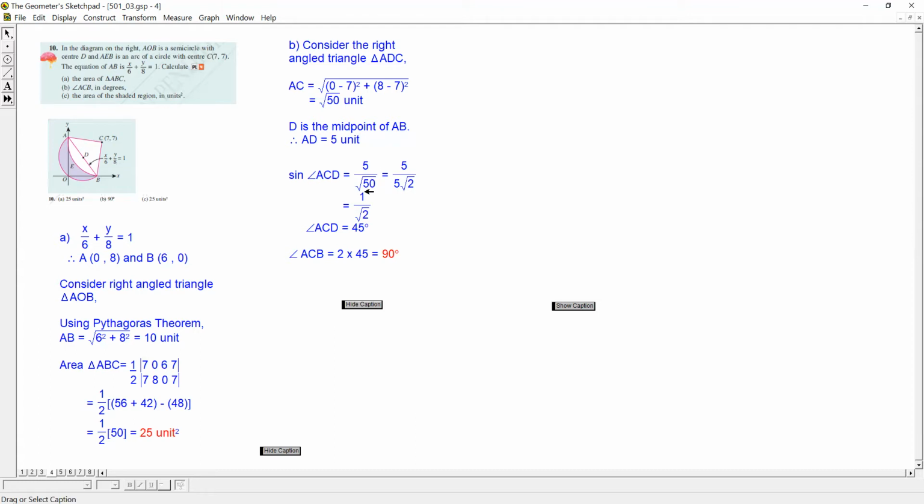You have learned this in Form 4. This 50 you can change to 5 root 2. The 5 and 5 cancel, and sine ACD is 1 over root 2. Now if you remember, 1 over root 2 is 45 degrees. You don't have to use the calculator.